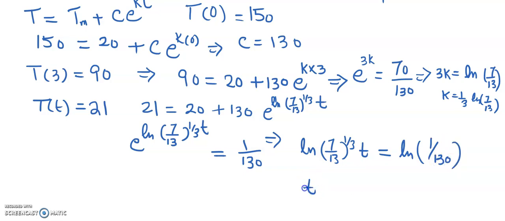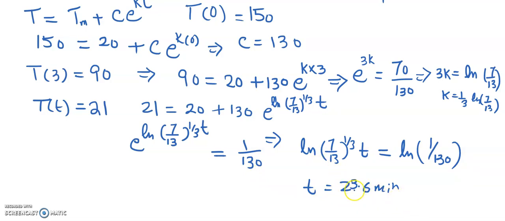By using your calculators we can find the value of t from here. So t here will be about 23.6 minutes. After that the drop in temperature will be very small.